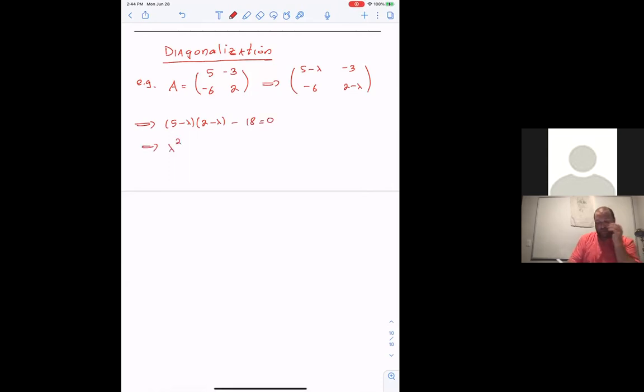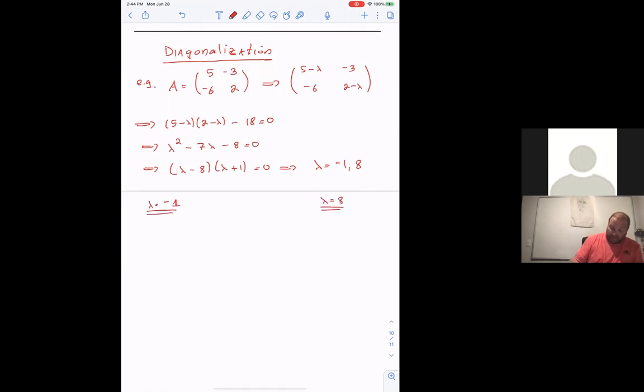Lambda squared minus 7 lambda minus 8 is equal to 0. Lambda minus 8, lambda plus 1 is equal to 0. So I get lambda is equal to negative 1 or 8. Okay, so I have my two eigenvalues, negative 1 and 8. Now let's find the eigenvectors. Let's do lambda equals negative 1 first, and then we'll do lambda equals 8.